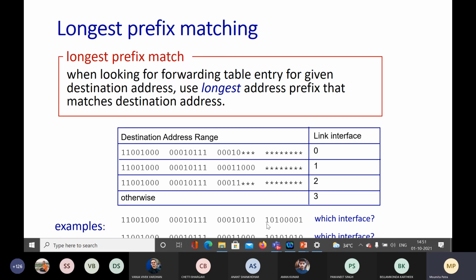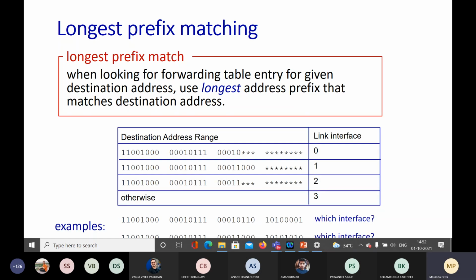Which link interface does this IP address match with? Yes, 0. So this matches with 0 because it does not match anybody else after 0001. There's a 0 after this, and for others it is 11. The next one, I myself am unable to see.